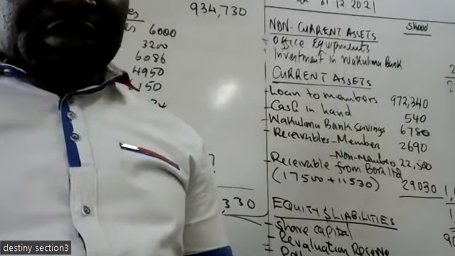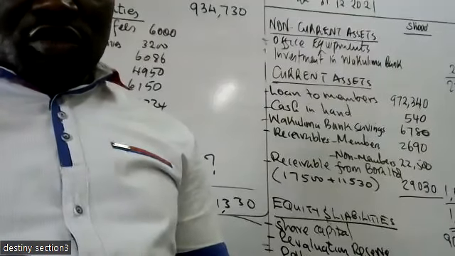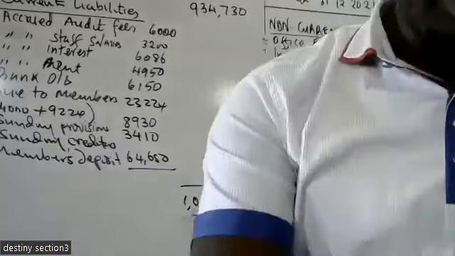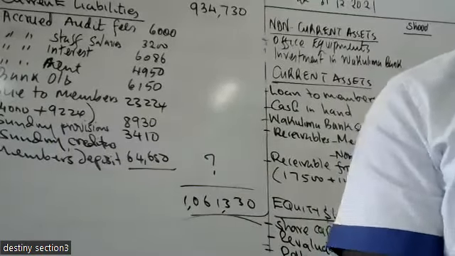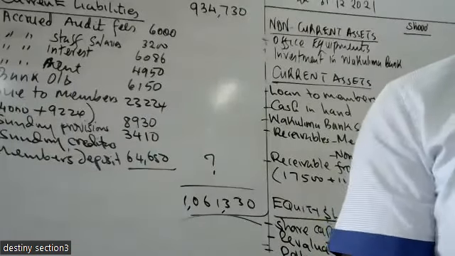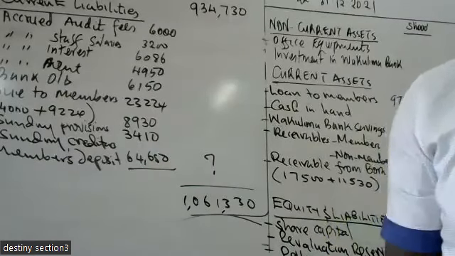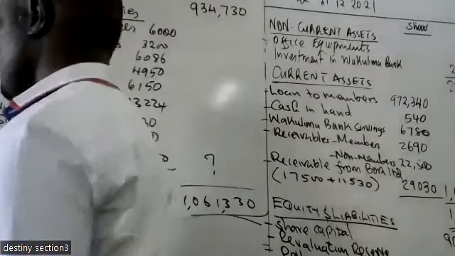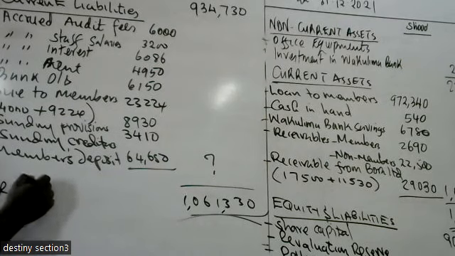So after this, we shall be moving to the next topic. I want you to listen to me carefully. I don't want people to come here in the morning and wait a lot of time writing. So after this, our next topic is IFRS 16.